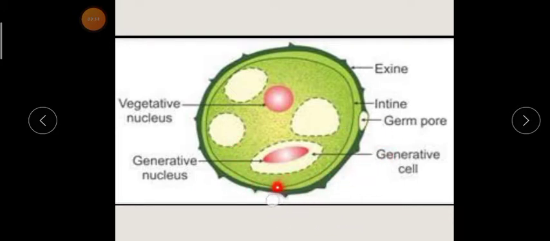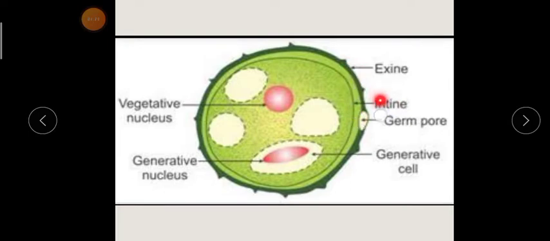If you take a pollen grain in your hand, add a little bit of water, and see it in the microscope, you will see the structure of the pollen grain like this. In this diagram you can see there are different parts in a pollen grain. The first is the exine, the outermost layer.